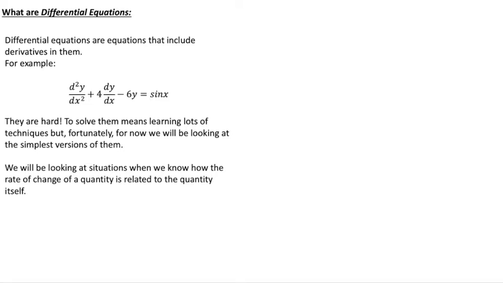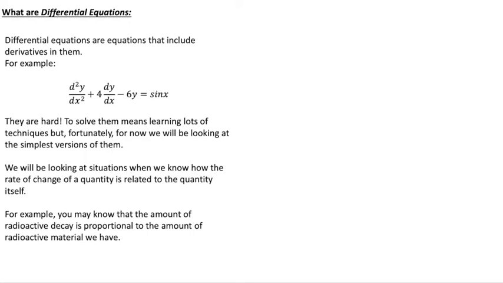So these situations we're going to look at are where the rate of change of a quantity is related to the quantity itself. For example, you may know already, possibly from Science GCSE or from your general reading, that the rate of radioactive decay is proportional to the amount of radioactive material we have.